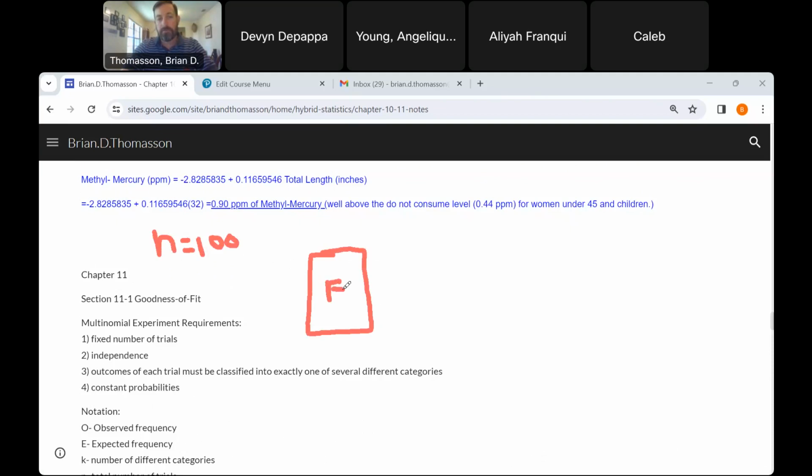What we'd expect is that each tire went flat at an equal rate. So out of those 100, 25 of them would be the front left, 25 would be on the front right, and then 25 in each one of the back corners. That's what we expect to happen. Each tire goes flat at the same rate.